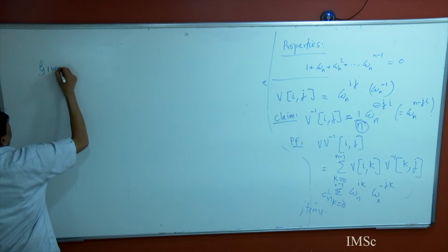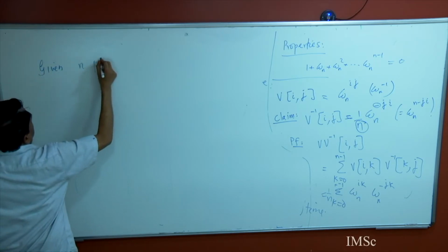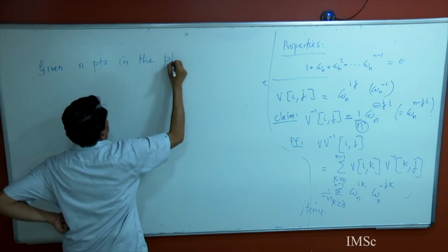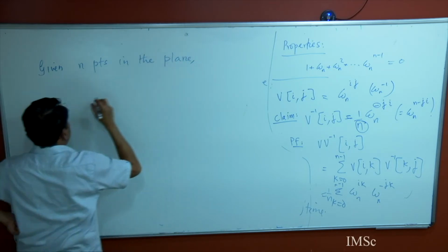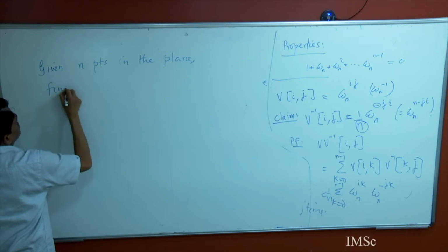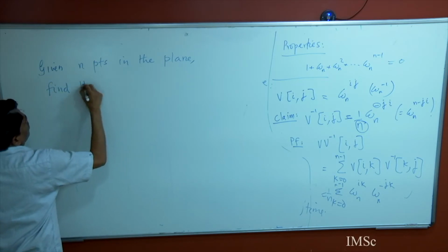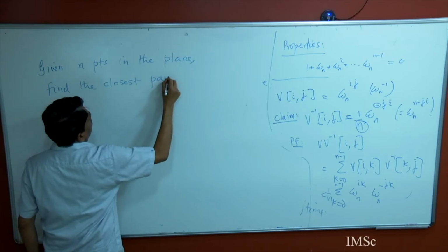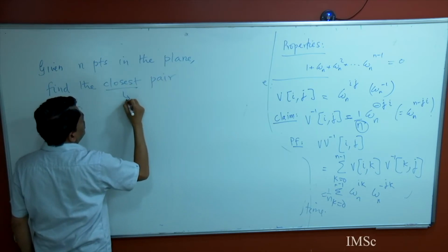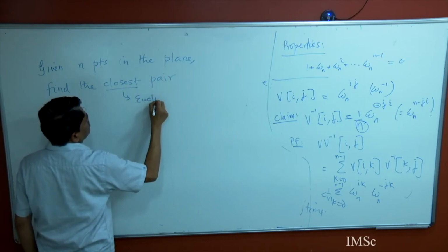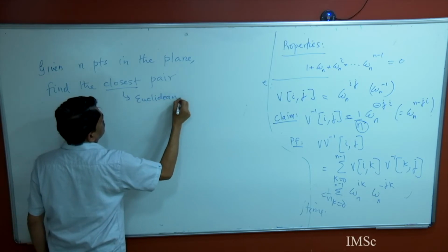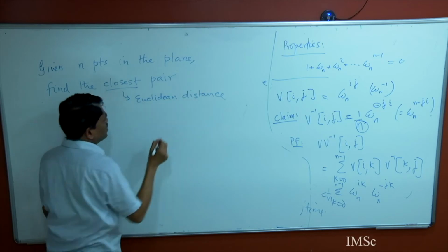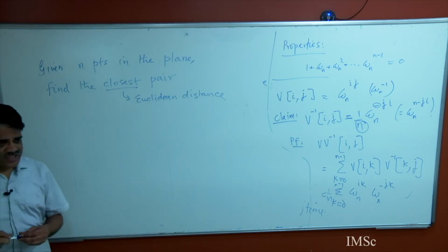So let's look at: given n points in the plane, find the closest pair. Closest in Euclidean distance. I don't think the distance matters, but anyway, let's say in Euclidean distance.